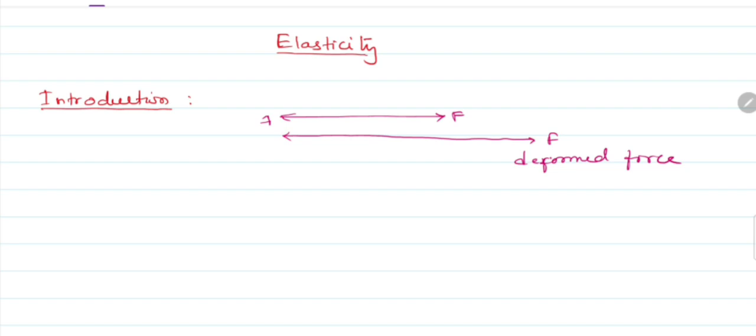Now if the deforming force is removed, what happens? The rubber again goes to its original position. Or we'll take one balloon.